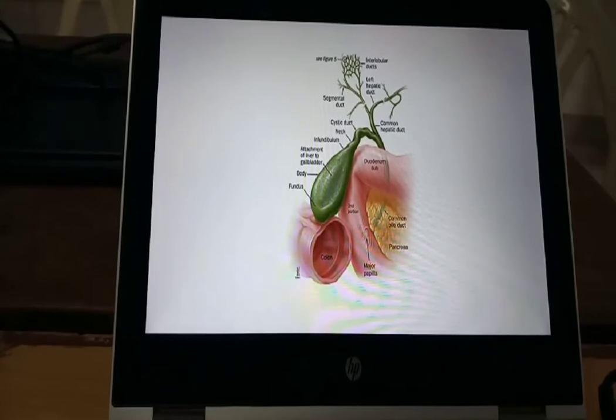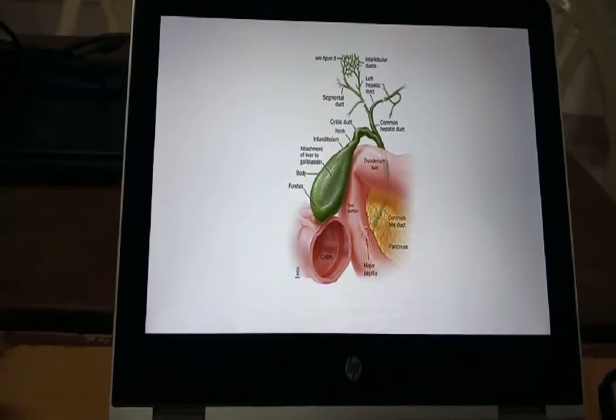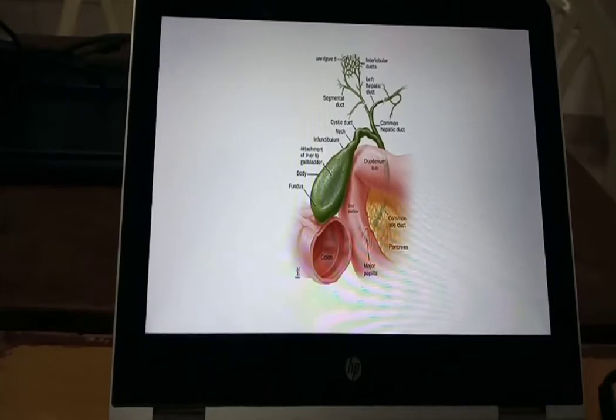The common bile duct is actually a big duct which is made up of two smaller ducts, which are the common hepatic duct and the cystic duct. The cystic duct drains the gallbladder, the common hepatic duct drains the right and left hepatic ducts, and all the other small ducts from all the lobes of the liver which drain into them. Okay, so all the substances go down through the common bile duct.